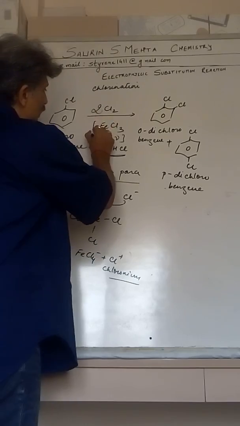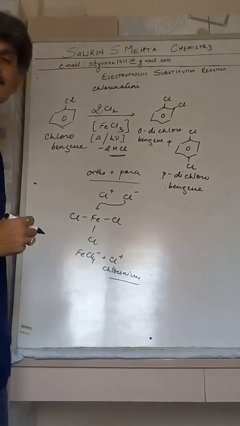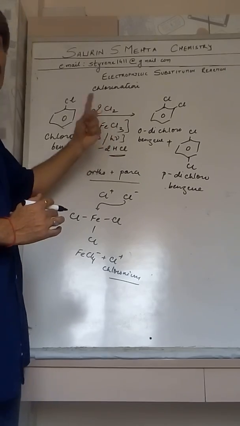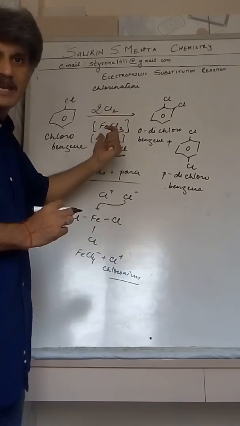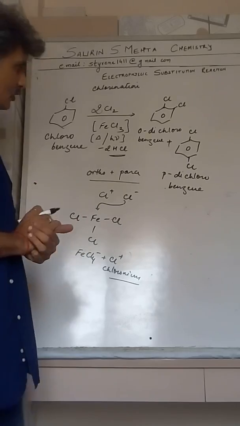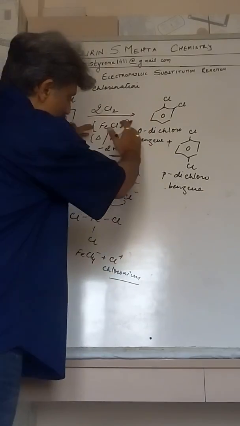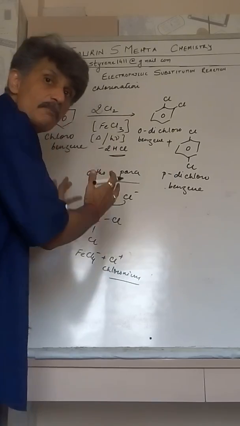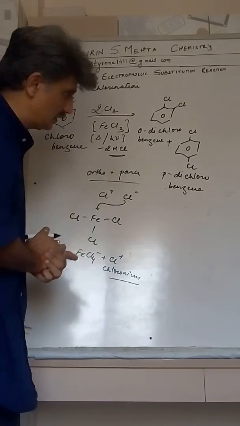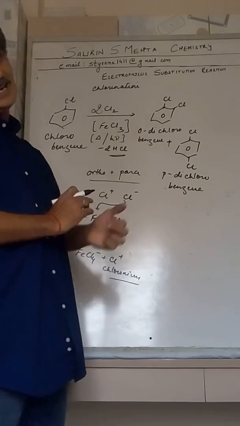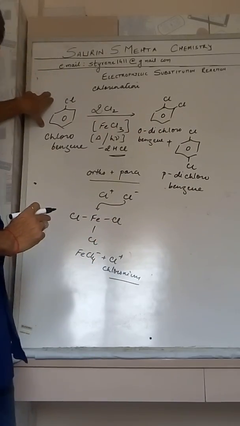So here ferric chloride once again acts as a catalyst, and this is the second part of chlorination of benzene, right? So I have just tried to brief this reaction as it is the second part of the previous one, because in the first part we understood the whole mechanism very thoroughly. So this is how you can get ortho dichlorobenzene and para dichlorobenzene from chlorobenzene.